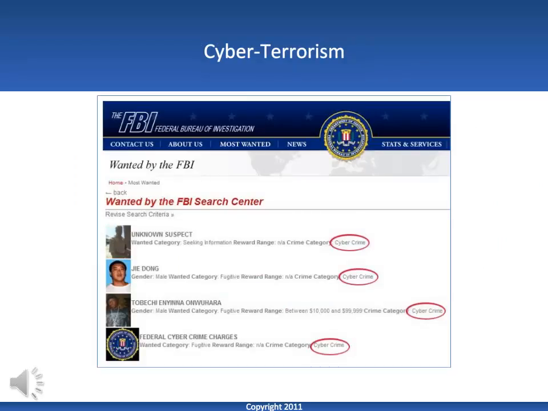The new form of terrorism that we need to look at is cyber terrorism. And this is really a nexus of terrorism and criminal activity. In 2008, there were almost 5,500 intrusions via U.S. government computers. That number has escalated significantly since then and remains a growing concern.